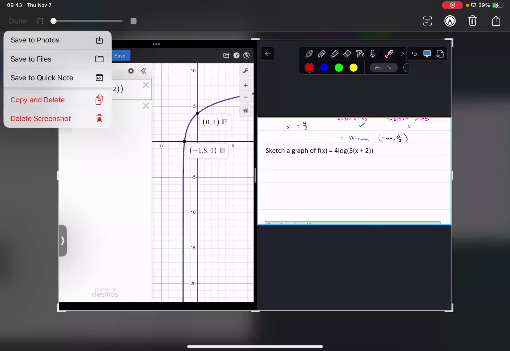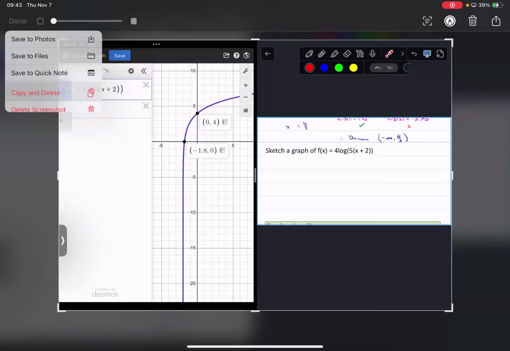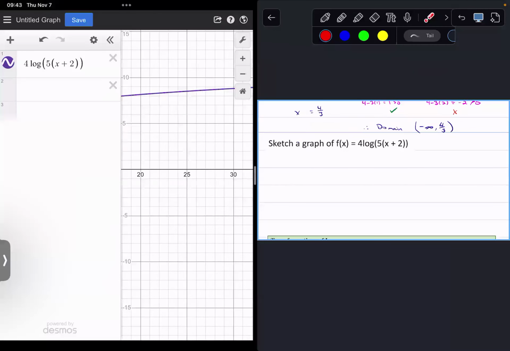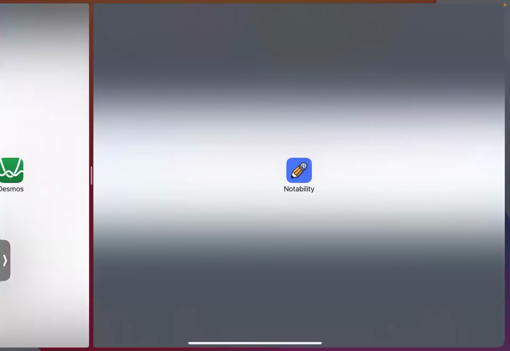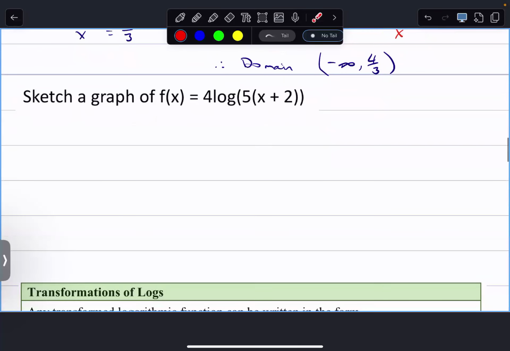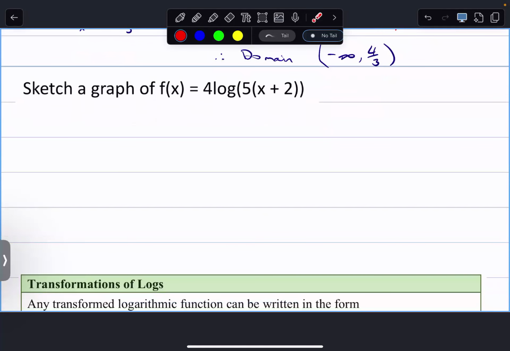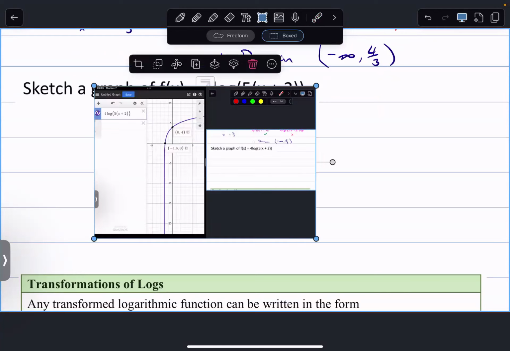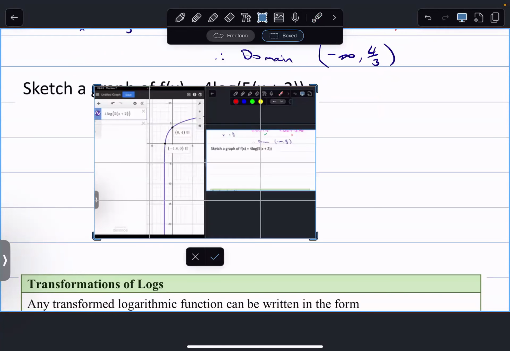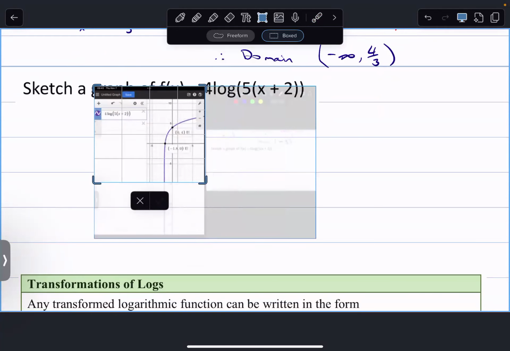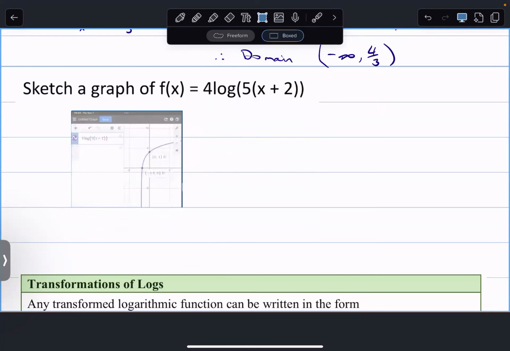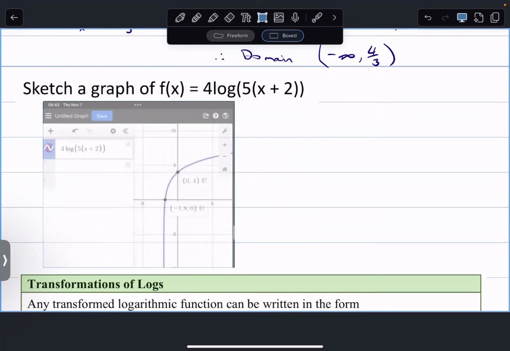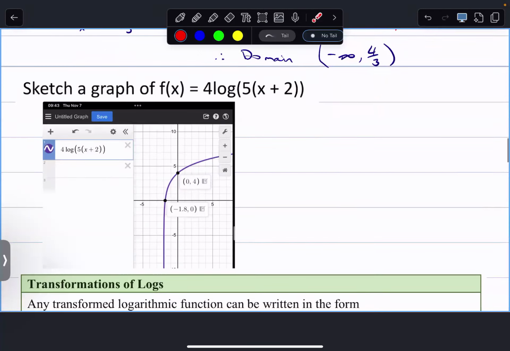Copy and delete feels risky, but I'm gonna try it. Save my camera roll. My virtual camera roll. Okay.